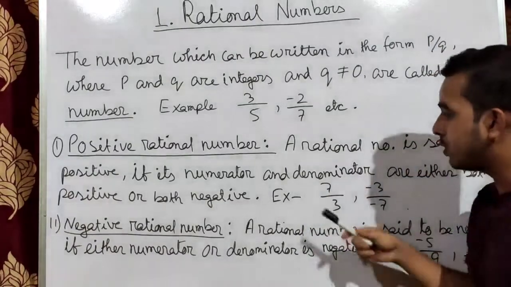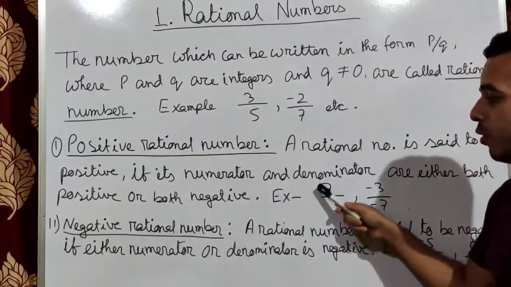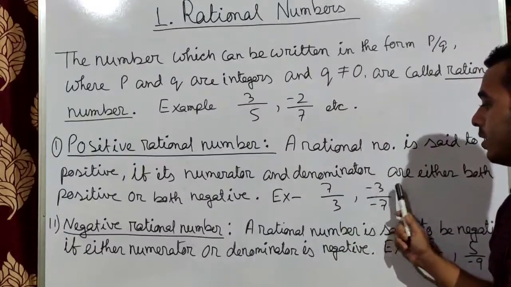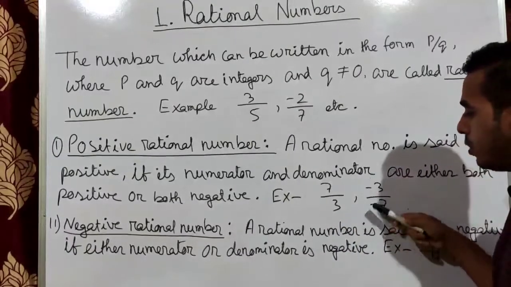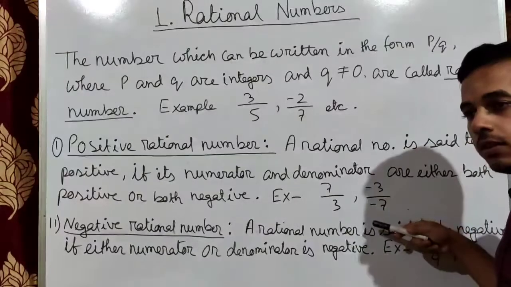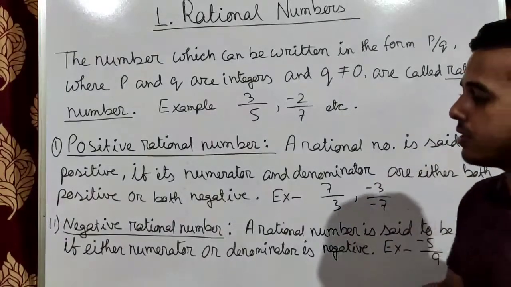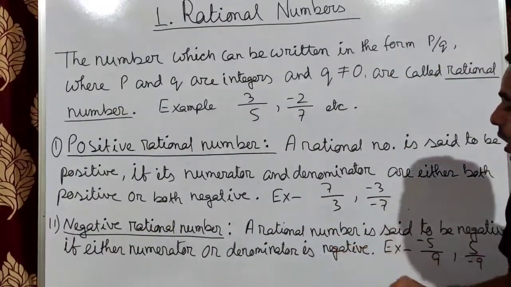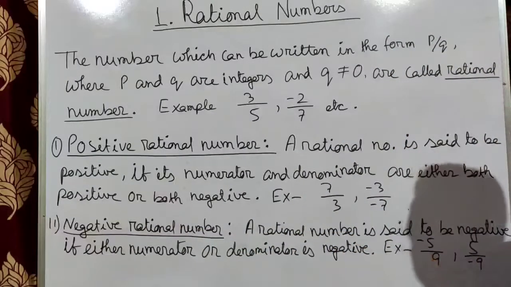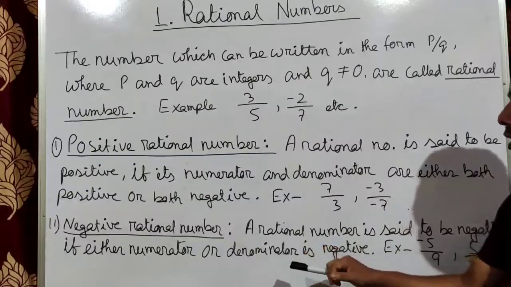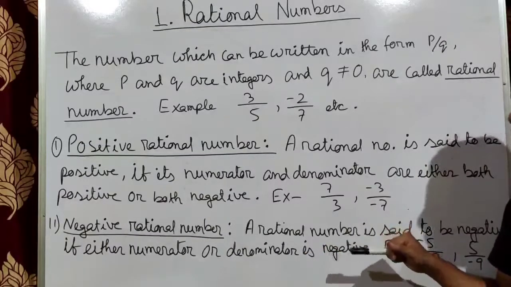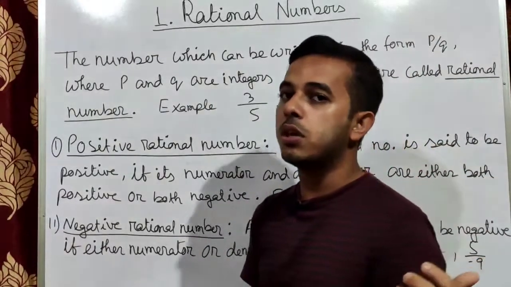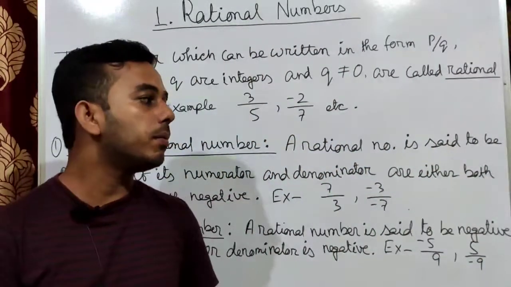Here are a few examples. 7 by 3, look here, 7 is positive, 3 is also positive, and that is minus 3 by minus 7, both the numerator and denominator are negative. Now next is negative rational number. A rational number is said to be negative if either numerator or denominator is negative. That means in that case, if anyone is negative, then the rational numbers are said to be negative rational numbers.